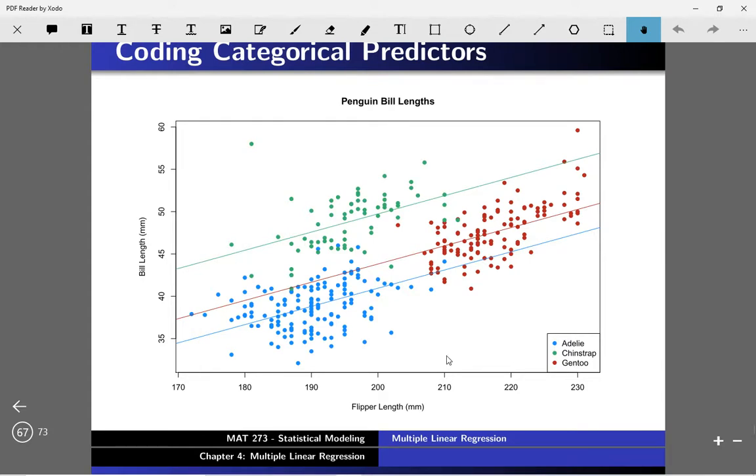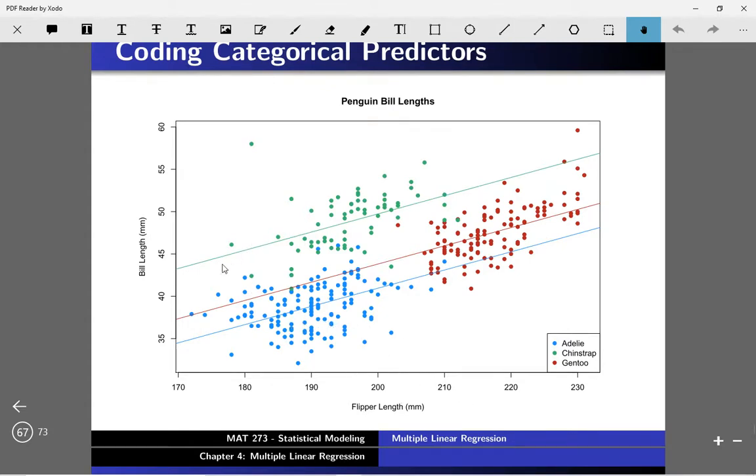In general, in real data, although this is a real data set, typically you won't get this clean of a separation by the levels of a categorical predictor. So here it's very clear that species is important in modeling this data, but in general, it might not always be so clear cut. But anyway, we have flipper length as our predictor here.